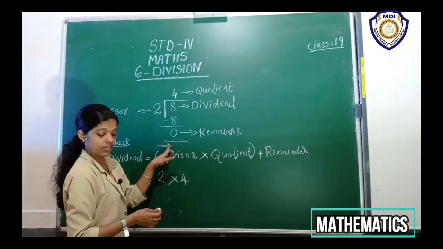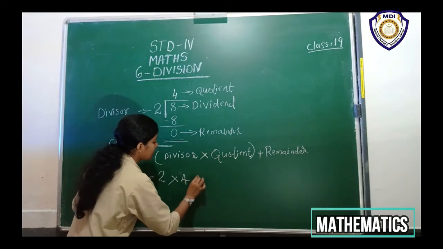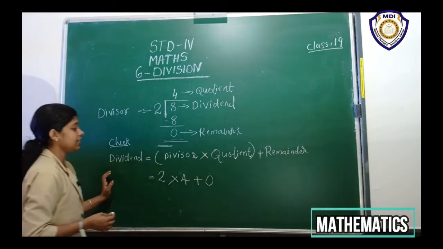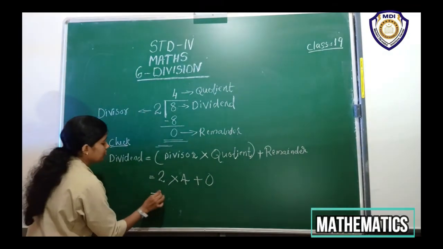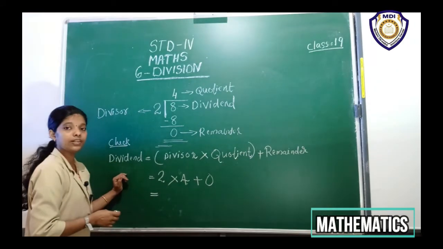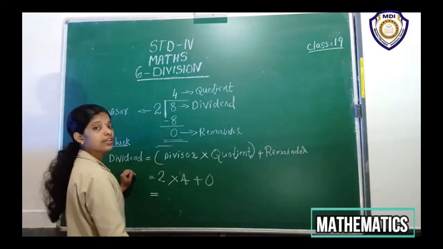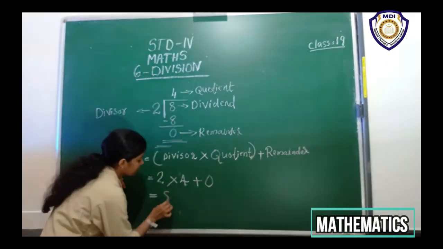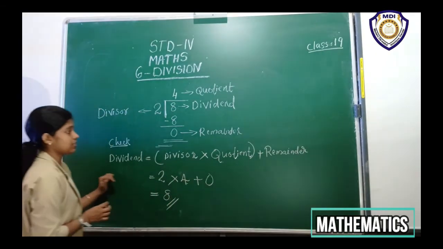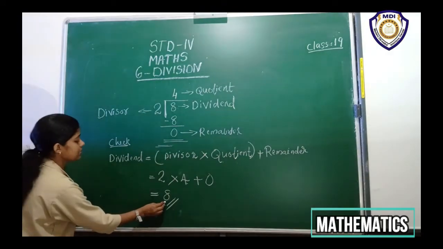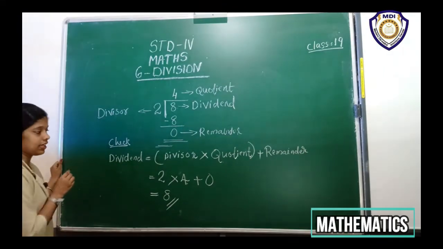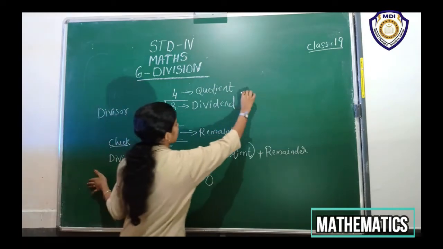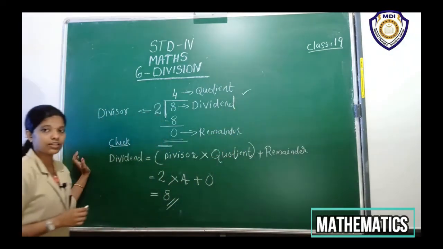Remainder is 0. We get the answer 2 into 4, 2 4s are 8. 8 plus 0. We get the answer 8. 8 is the dividend. Okay. Answer is correct.